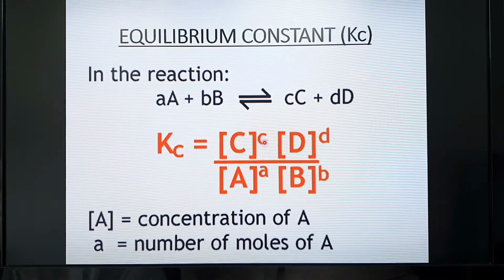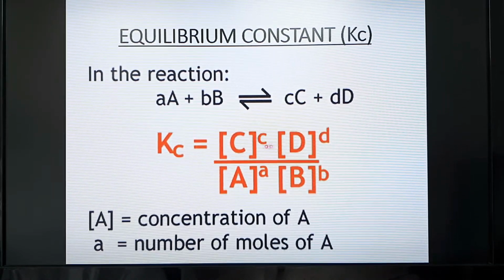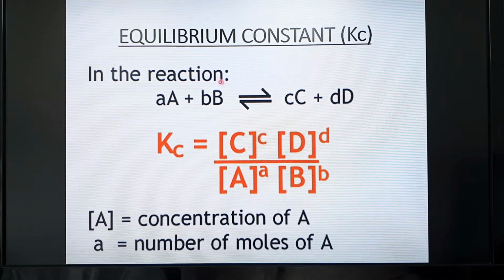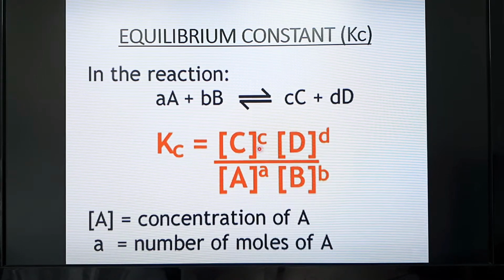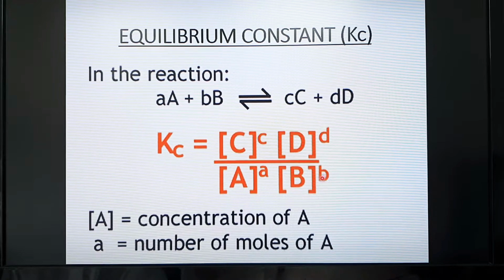So basically, the concentration of C raised to the number of moles of C, multiplied by the concentration of D raised to the number of moles of D. Even if there was only one product or three products, we'll have to write their concentrations down and raise them to the power of their moles according to the reaction. And then we divide it by the concentration of A raised to the power of the number of moles of A, multiplied by the concentration of B raised to the power of the number of moles of B.